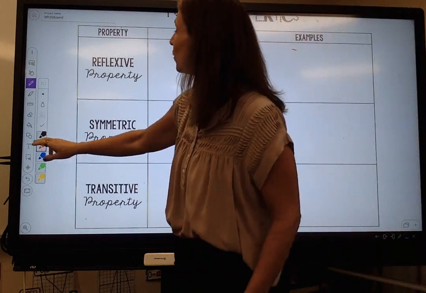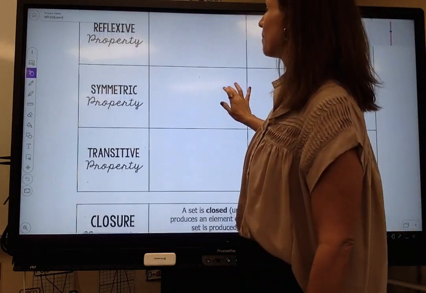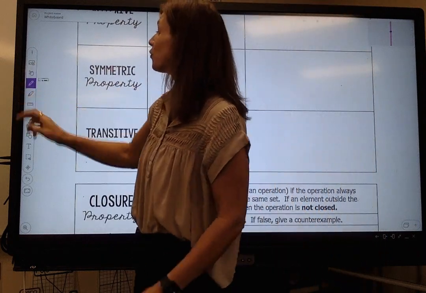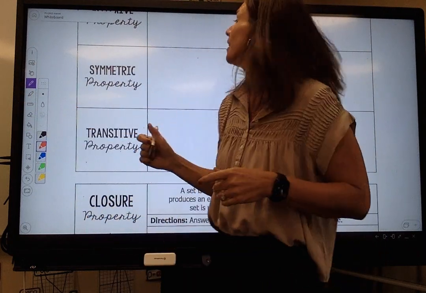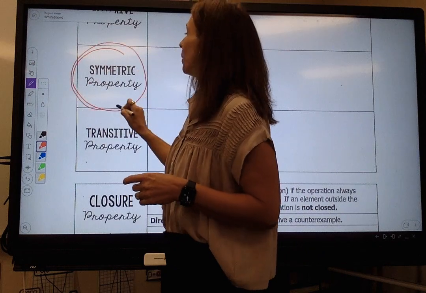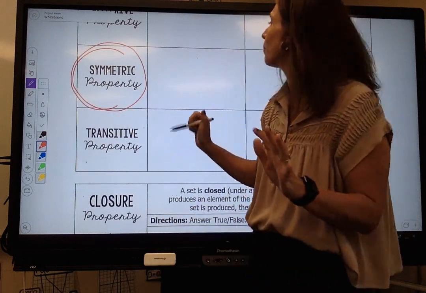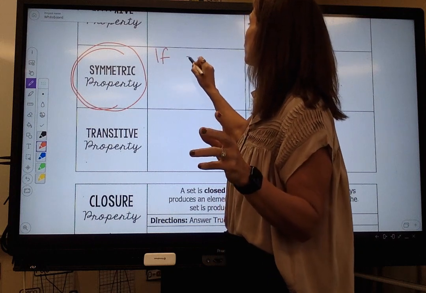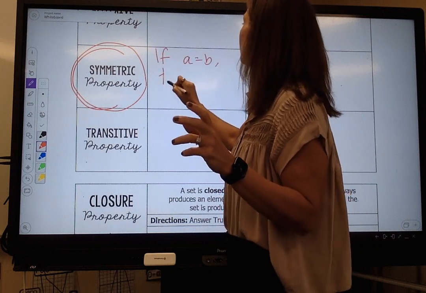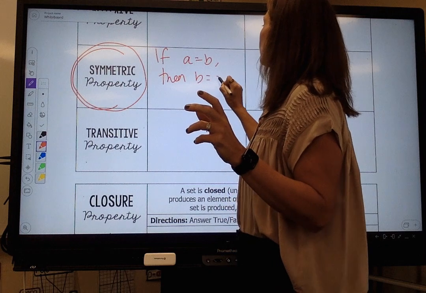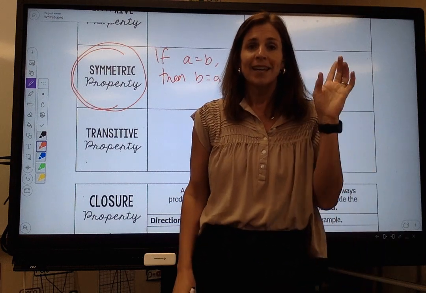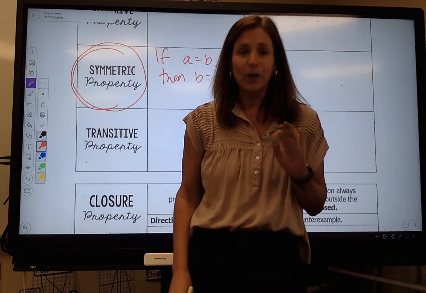I want you to highlight this next one, the symmetric property, because the symmetric property is my favorite. So highlight that puppy. My favorite is symmetric. Symmetric property, if you want the rule, is just if A equals B, then B equals A. Here's one thing you need to know about me, always.